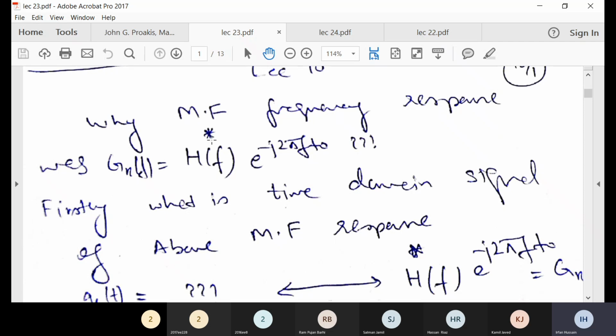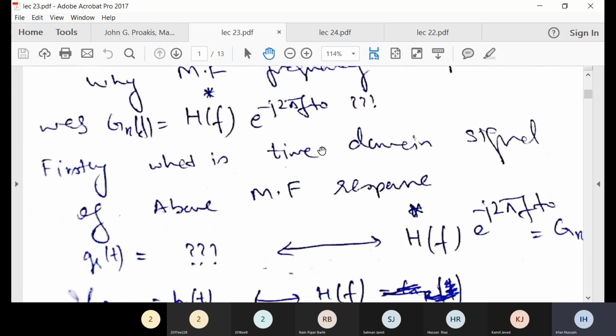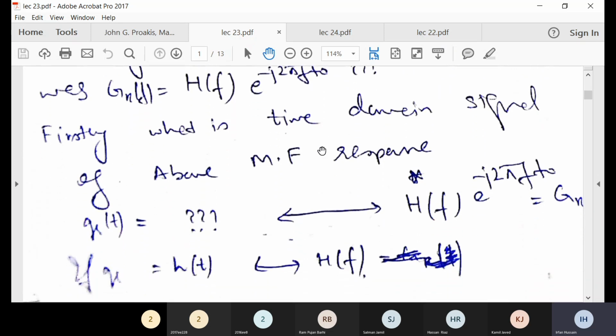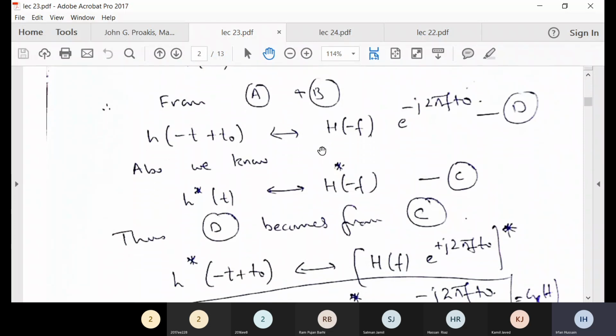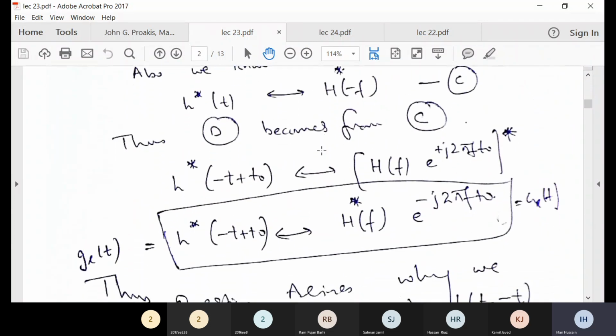So you just conjugate that frequency response and multiply by e to the minus j 2 pi f t. First of all, we want to see its time domain, and we did all that, and we finally saw that in the time domain this comes out to be h star of minus t plus t naught.